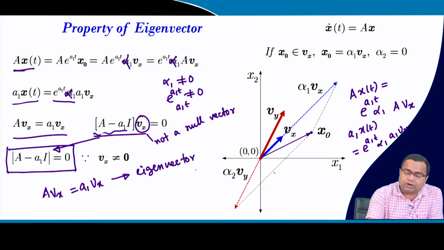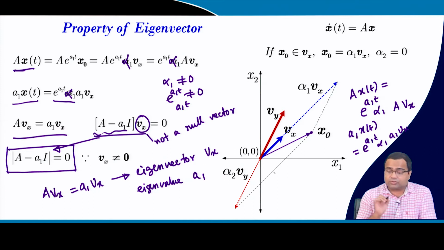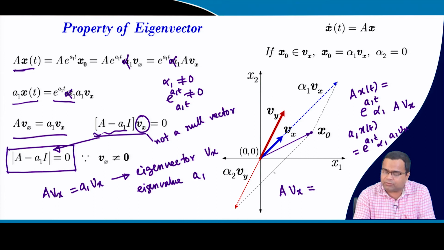What is the eigenvector? This is Vx, and what is the eigenvalue? In general terms we write a into Vx is equal to lambda into Vx, where this we call eigenvalues and this we call eigenvectors.